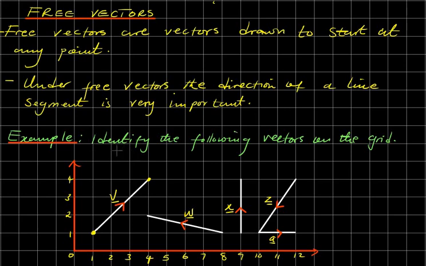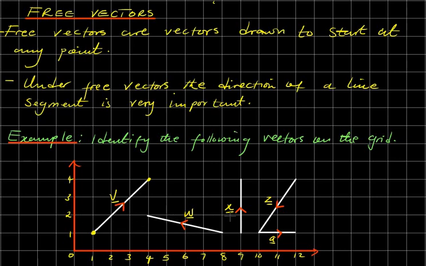This example is saying identify the following vectors on the grid. So we have this grid right here, and on this grid we have these vectors that have been drawn. We have vector V, then vector W, vector X, vector Z, and also vector A.